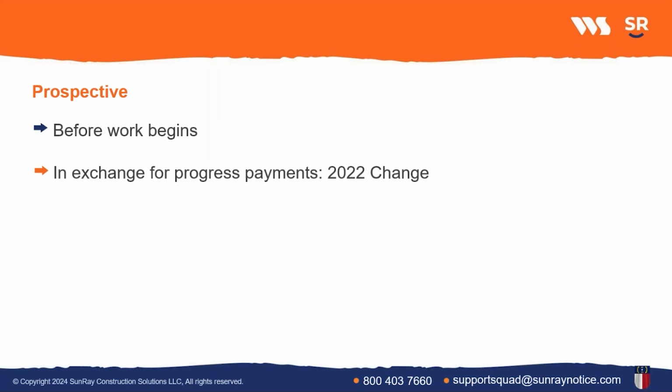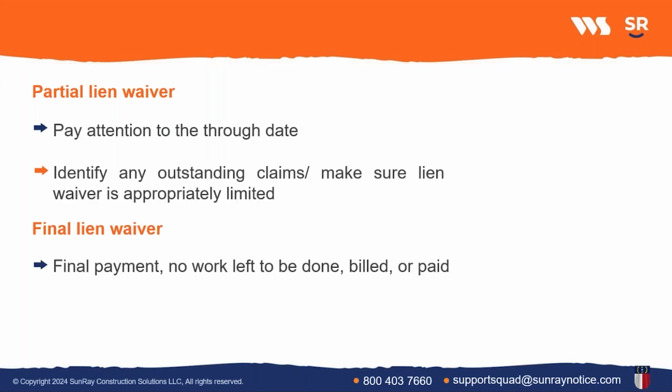And then at the end of the project, when all work is completed, you can waive all lien rights because you're receiving that final payment, and in exchange for that, it is permissible to waive all claims. So just something important to remember: prospective lien waivers not allowed.